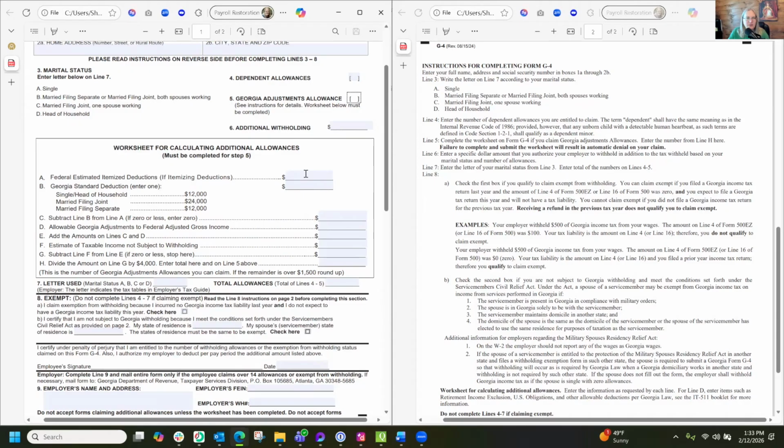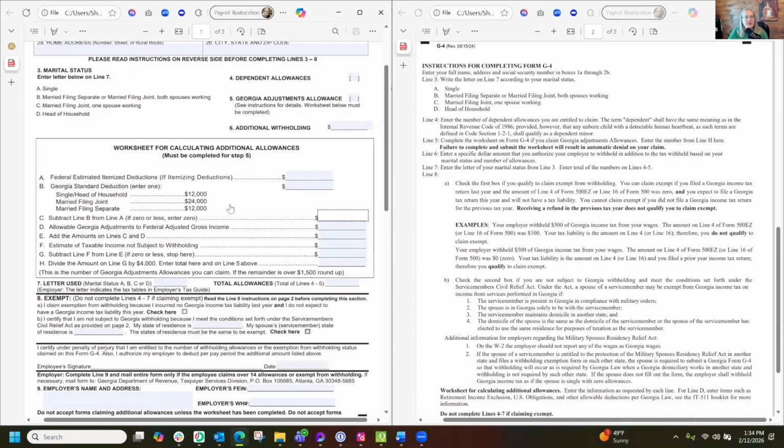You would enter 0 in A, I believe, if you don't itemize. B is the Georgia standard deduction. You'll enter 1. So if you're single or head of household, you put 12,000 in this section. If you're married filing joint, you'll put 24,000 in the section. If you're married filing separate, you'll put 12,000 in this section.